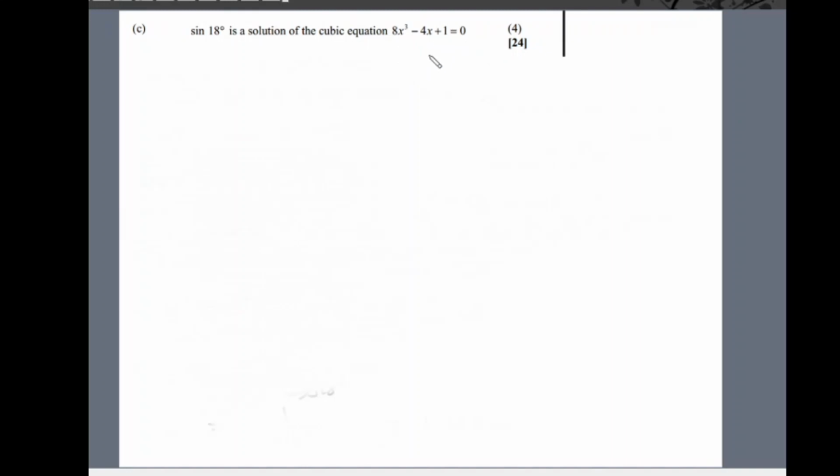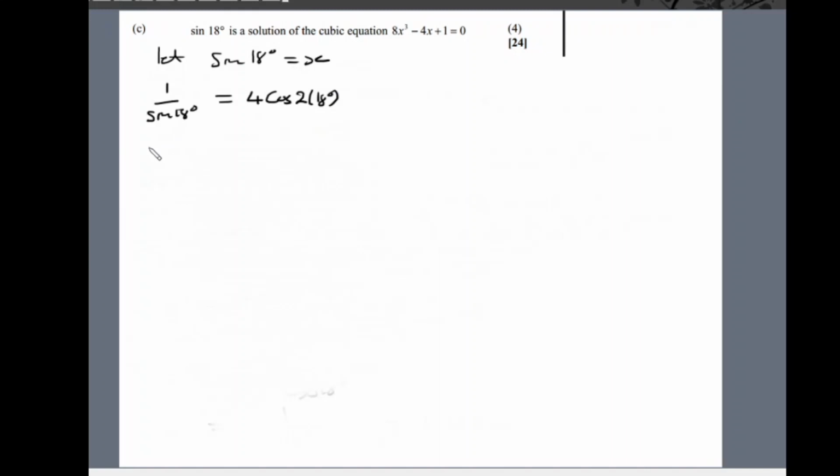So now if we let sine 18 degrees be equal to x, then from question B we showed that 1 over sine 18 degrees is equal to 4 cos 36 degrees, which is the same as saying 4 cos 2 times 18 degrees, right?